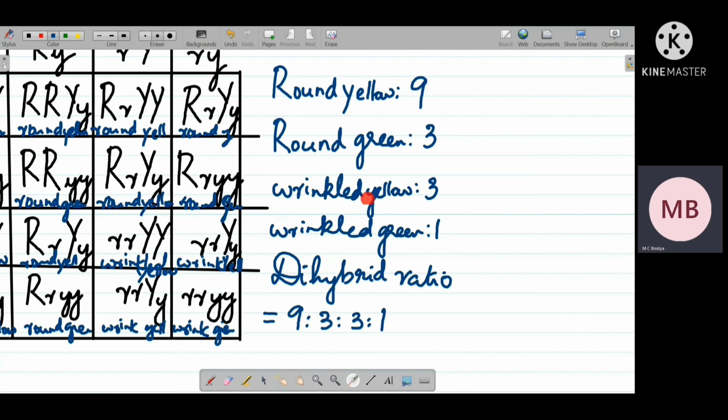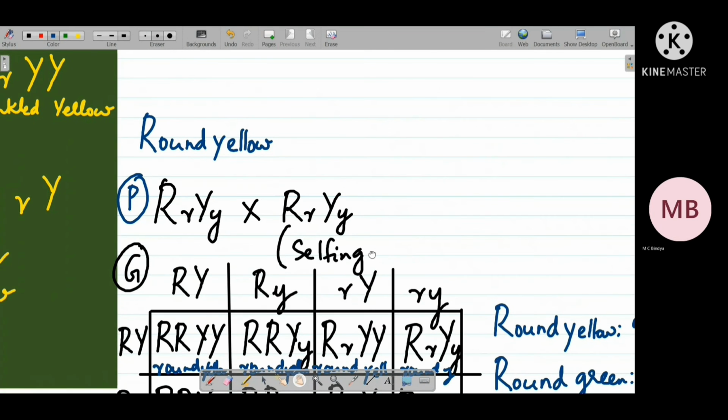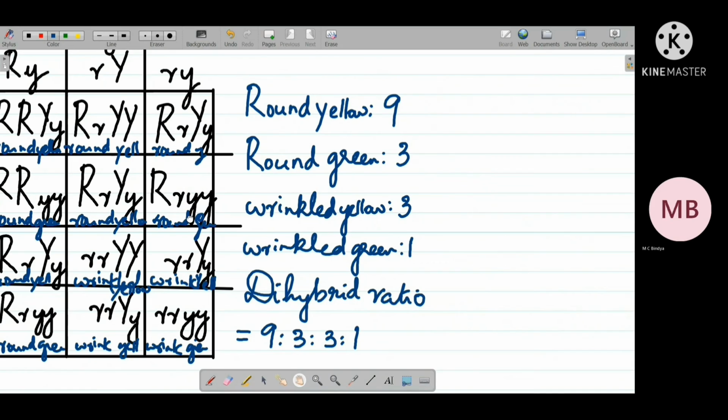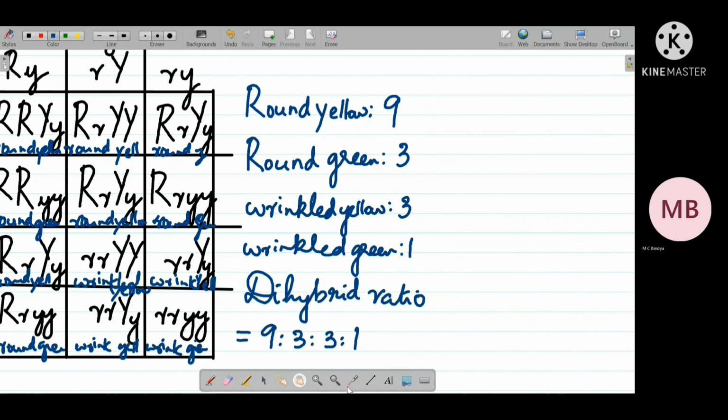Now all the combinations in the progenies we obtained. Round yellow were the parental combinations. See, these were used as parents for crossing. Round yellow. But then after the cross, we are able to see new combinations.